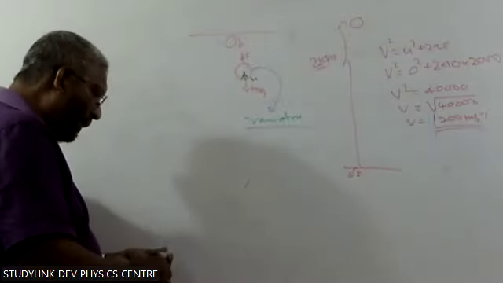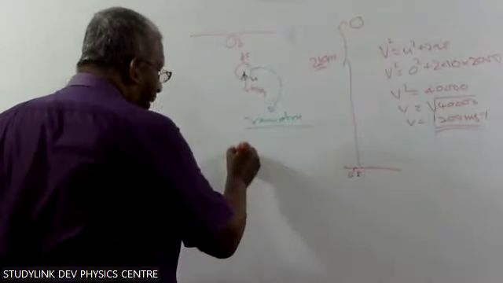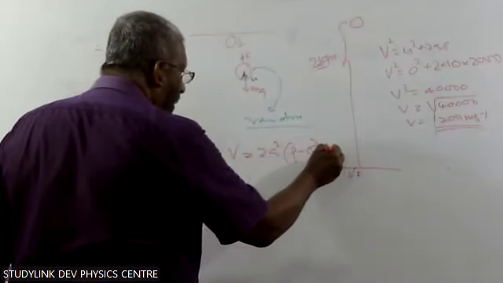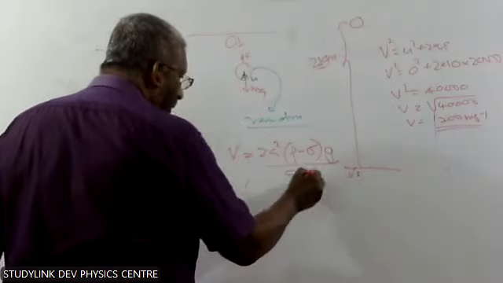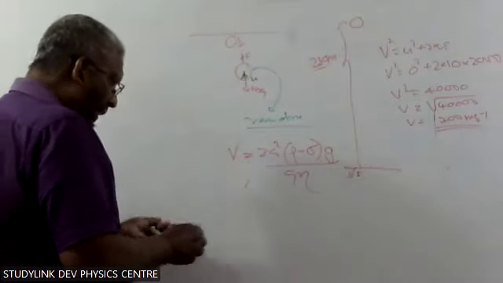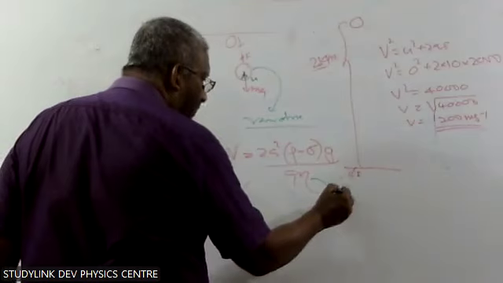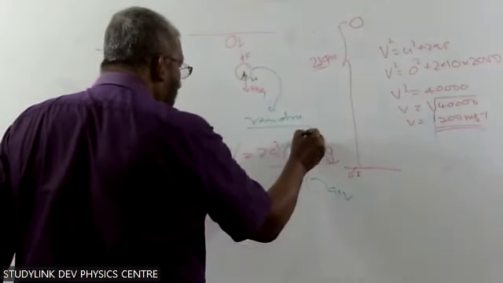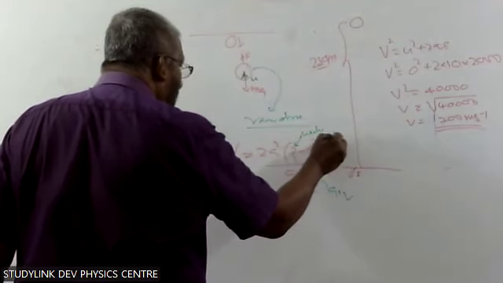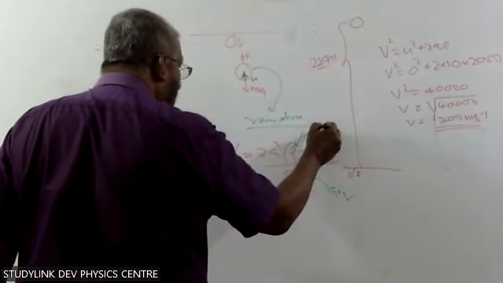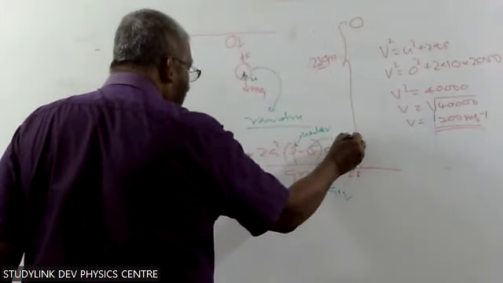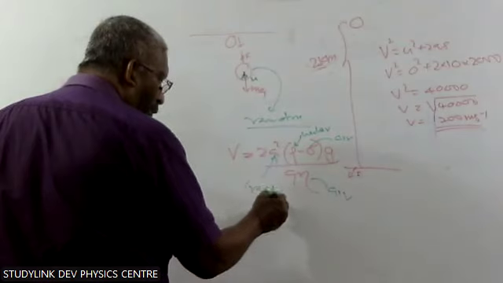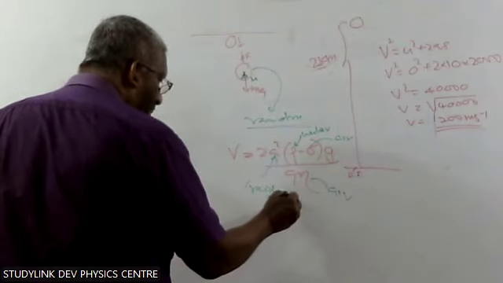It can be calculated using the equation 2a squared (rho minus sigma) g over 9 eta, where eta is for air. Rho is the density of water, sigma is the density of air, and a is the radius of the raindrop.